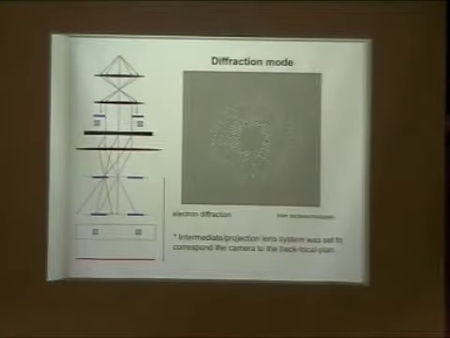This is similar to X-ray diffraction, where you put your detector right in the focal plane to record the diffraction. So this is a diffraction pattern. By pushing that button, you change all the configuration of the microscope so that you can simply record the pattern here.